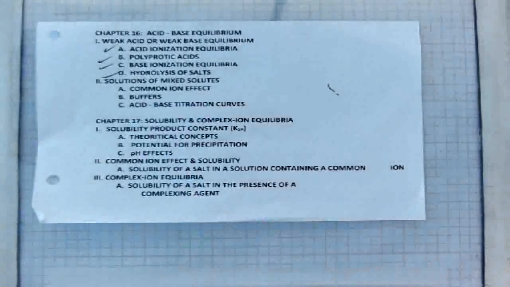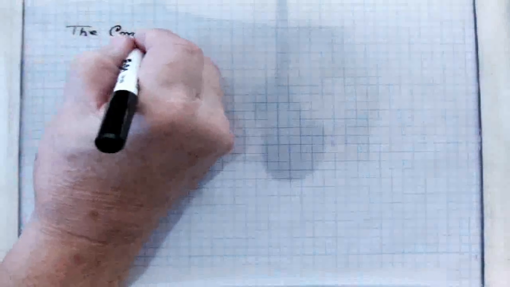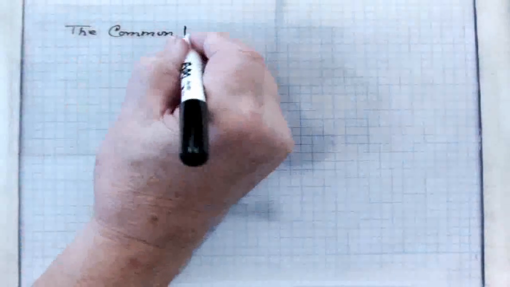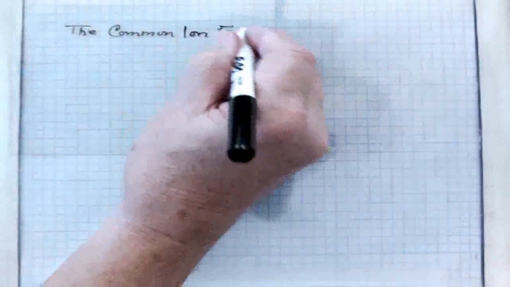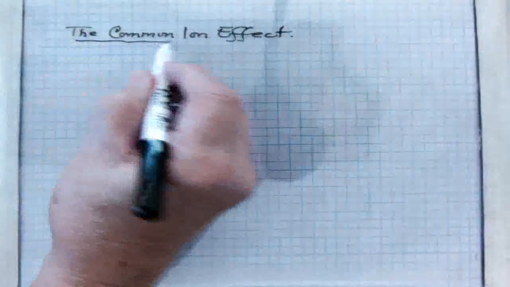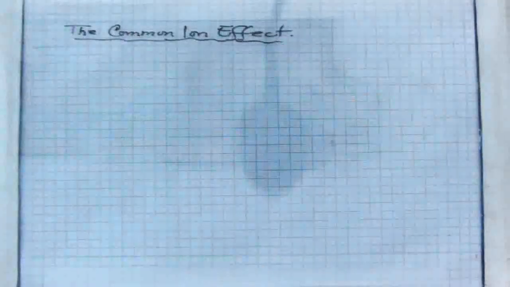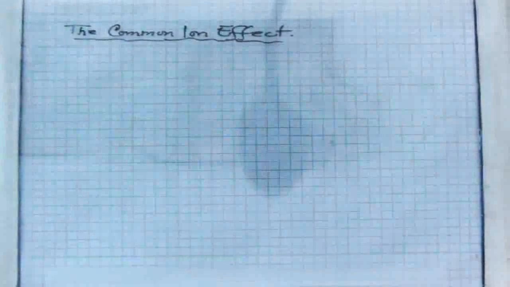So, the first topic is the common ion effect. When an acid or a base or salt ionizes, it delivers into solution a cation and an anion.